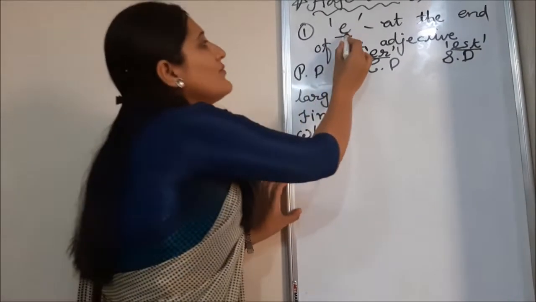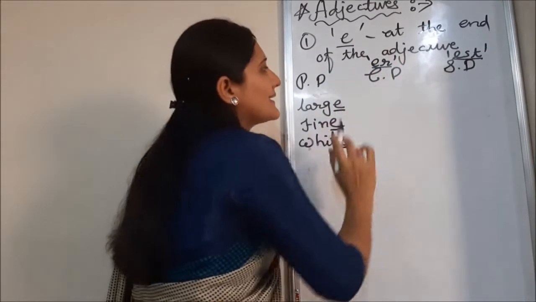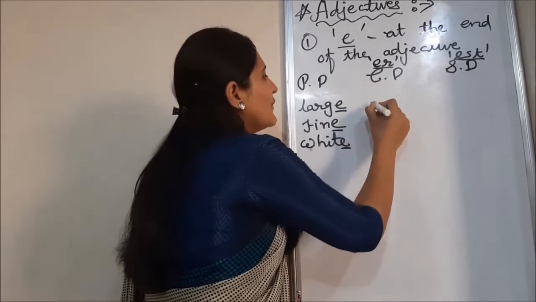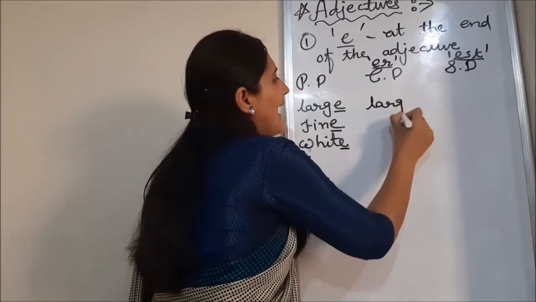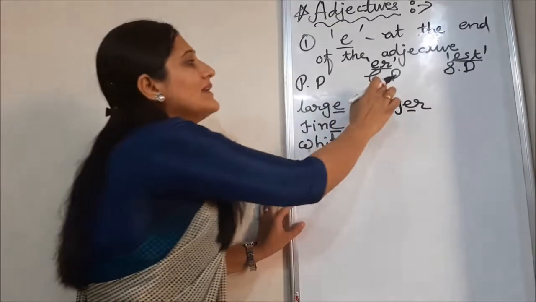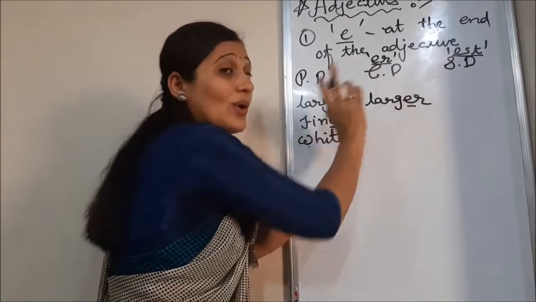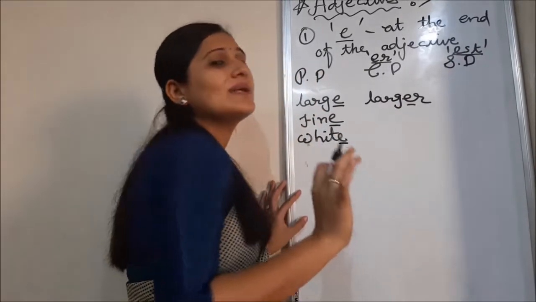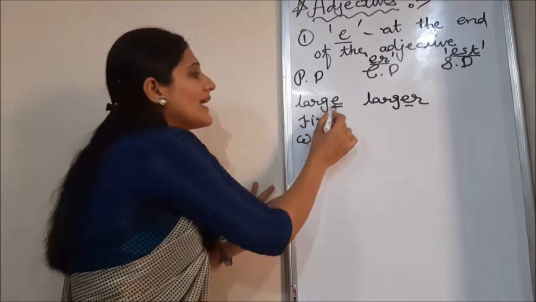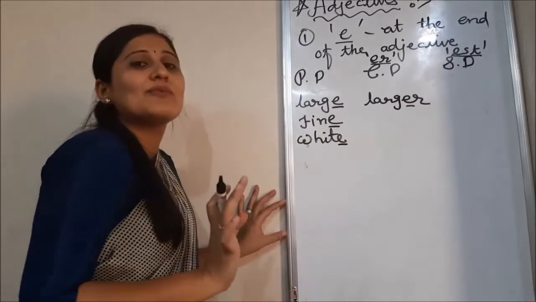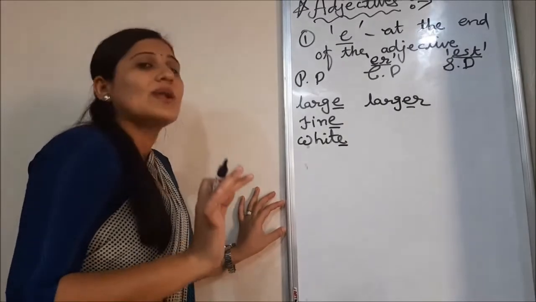But if E is at the end of the adjective itself, in any adjective, then in comparative you will add only R, because E itself is given in the last, right? So in comparative you will add only R, not ER, and in superlative you will add only ST, not EST. If the last letter is E in any spelling of the adjective.